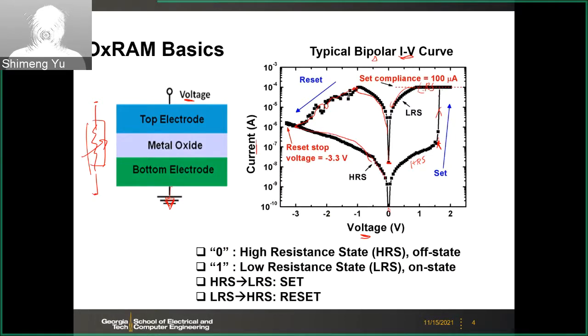Then the device will return to this high resistance state. So here, the definition: the 0 state is the high resistance state, the off state, and the 1 state is the low resistance state, the on state. So typically, we call the HRS to LRS switching the set process. And then the LRS to HRS switching is called the reset process.